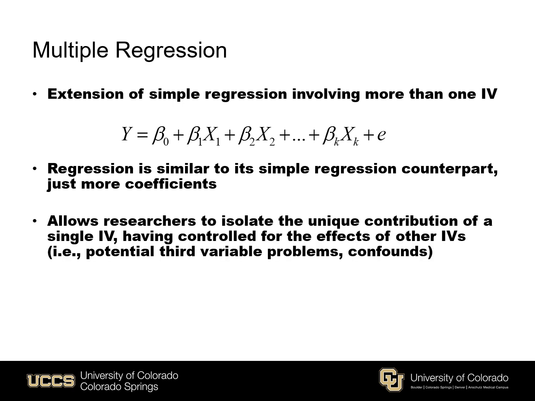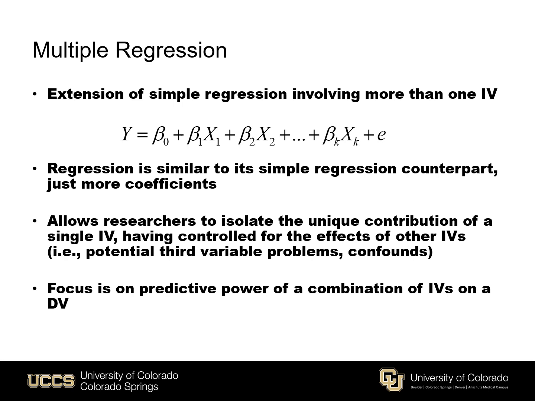What this allows us to do is to isolate the unique contribution of a single independent variable, having controlled for the effects of others that may be confounding our interpretation. So the focus in multiple regression becomes the predictive power of a combination of independent variables on a dependent variable.